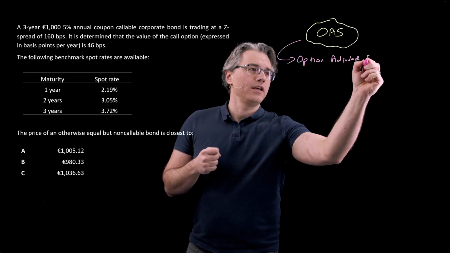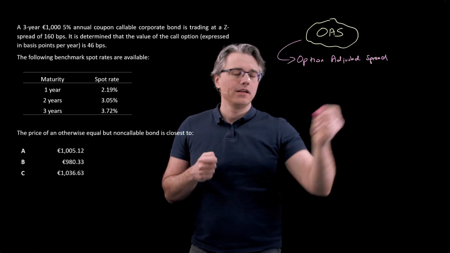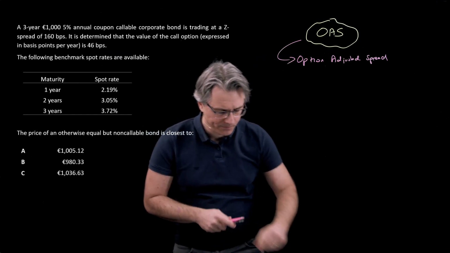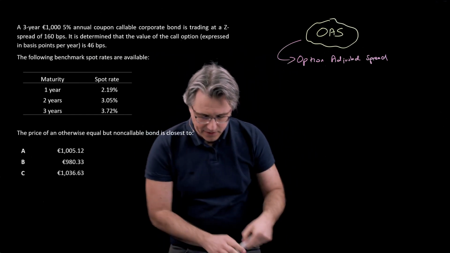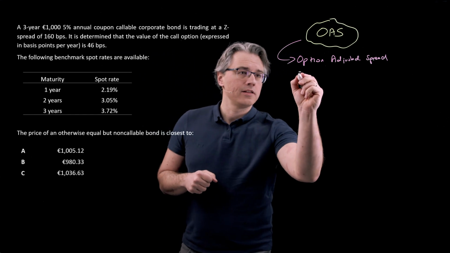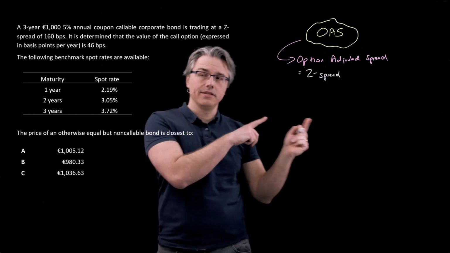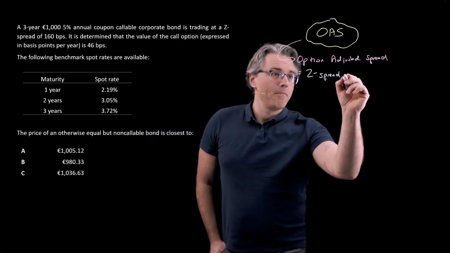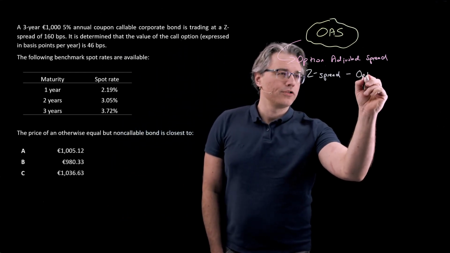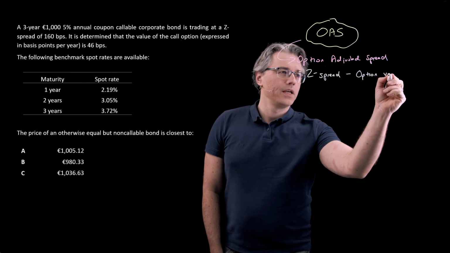Now, the option adjusted spread is going to be computed as the Z spread, something we already did in the previous question, minus option value.